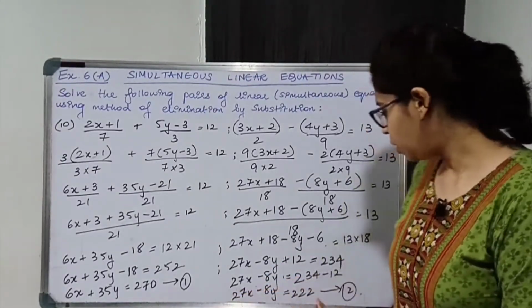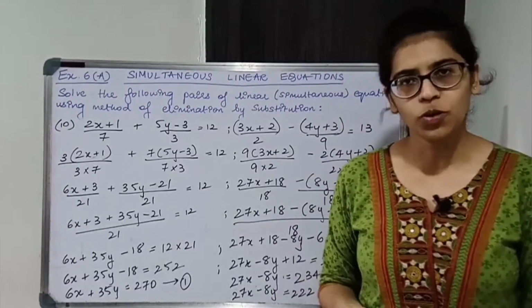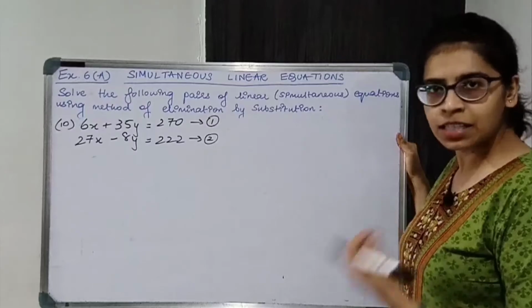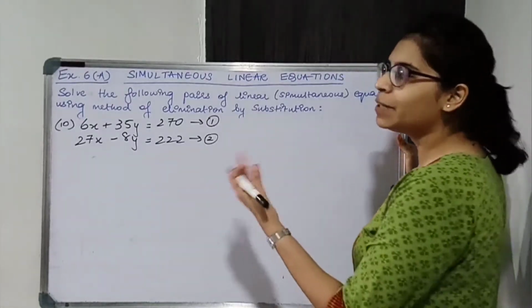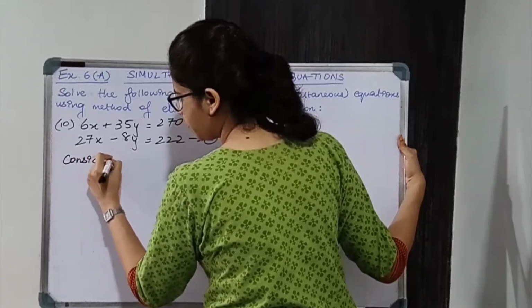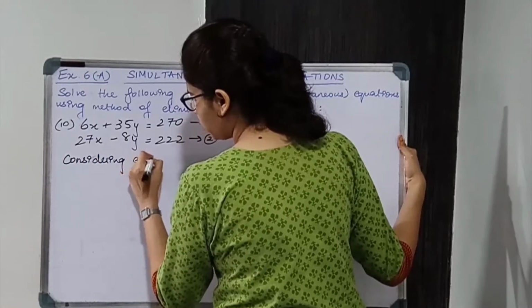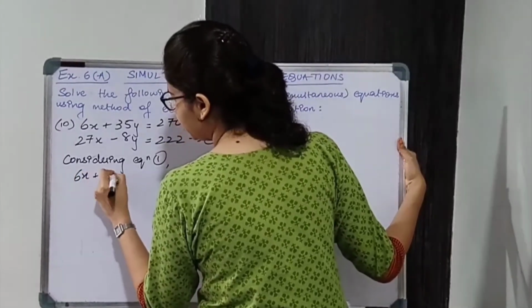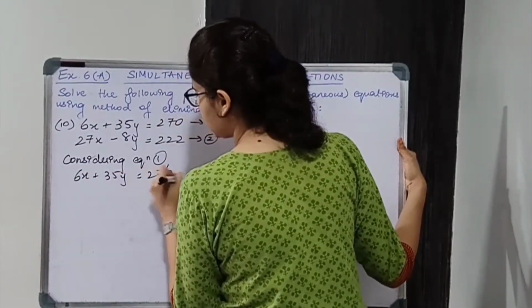So out of the two equations we'll consider one of them. After numbering the equations, the next step is considering one of the two equations. I'll be considering equation 1, so 6x plus 35y is equal to 270.